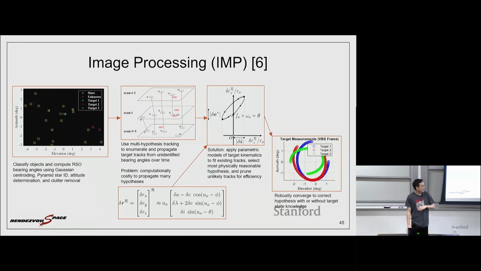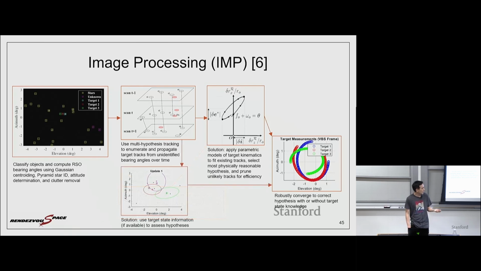So this multi-hypothesis based approach lets us create possible target tracks, even if we don't know anything about the relative orbits of a target. Having said that, if we have the relative orbits of the target, we can use that state information to predict where the target is going to be in the image and much more easily do that measurement assignment step.